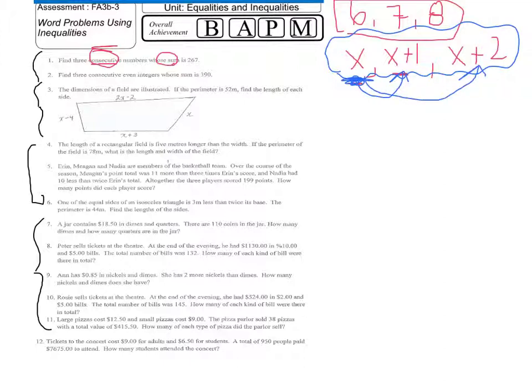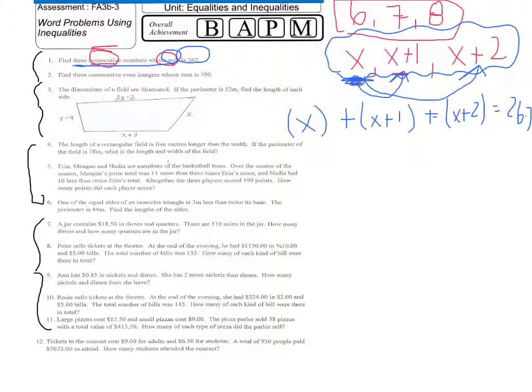The question says you find three numbers whose sum is 267. My first number is x. My second number is x plus 1. My third number is x plus 2, and that has to equal 267.